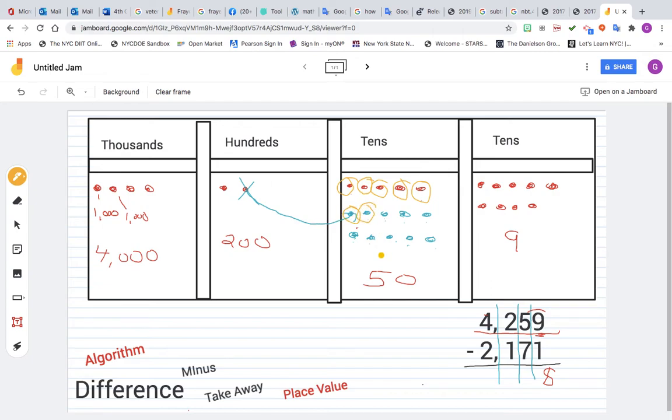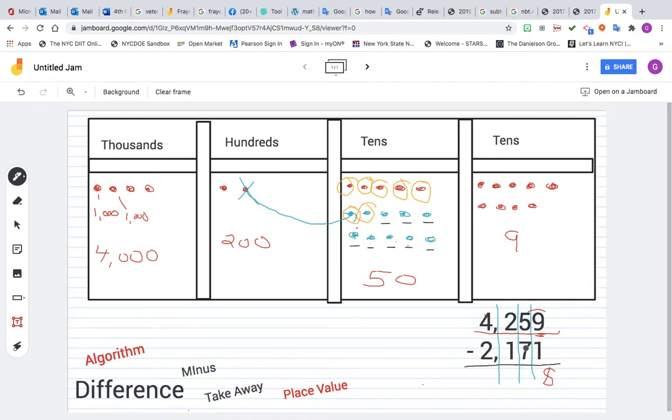And now we need to find the difference. How many are left, because we just took away 7 tens? How many do we have left? Let's go. 1, 2, 3, 4, 5, 6, 7, 8.